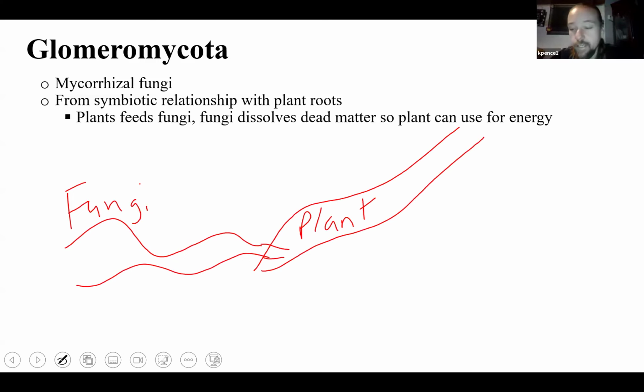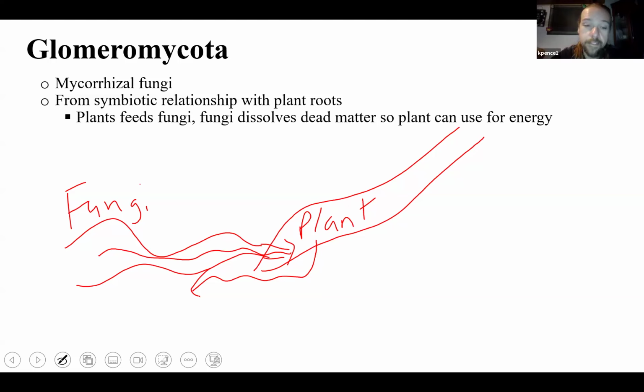So the fungus is going to take stuff from the soil, like dead matter that the plant can't use. It'll break down that dead matter into usable material, and it pumps it over into the plant. The plant can use that material, and in return the plant will give some of the sugar it makes by photosynthesis back to the fungus. So they're in a mutualistic relationship.